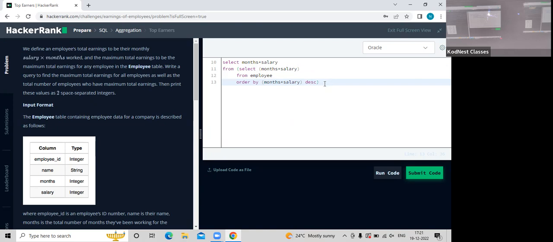This part, and then I'm going to write where row num should be less than 2. You all agree with me? Okay. So from this, what will we get? I hope we will get, along with this, the first one, the top one.